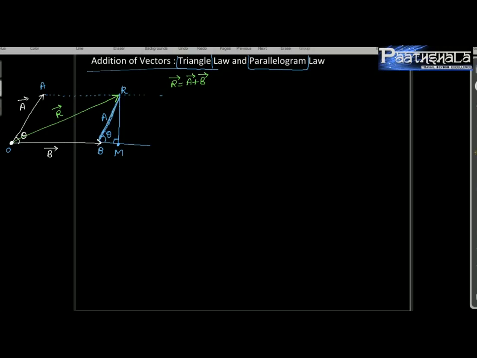Hence, in triangle RBM, we get RB cos theta is equal to BM.